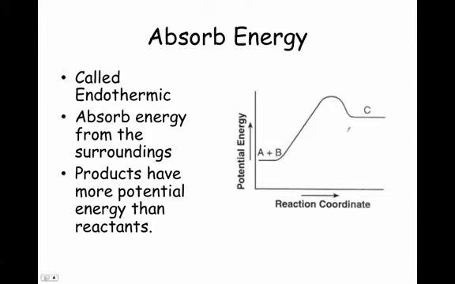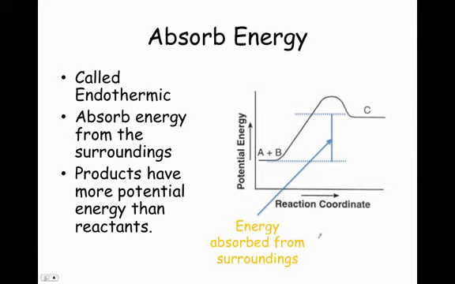And in this case, like we said, our products have more potential energy than our reactants do. So again, we extend the lines over, take the difference between our products and reactants, and that allows us to calculate the energy that's absorbed from the surroundings, which in this case is our delta H of reaction. And in this case, it is a positive number. Unlike before, it was actually a negative number.